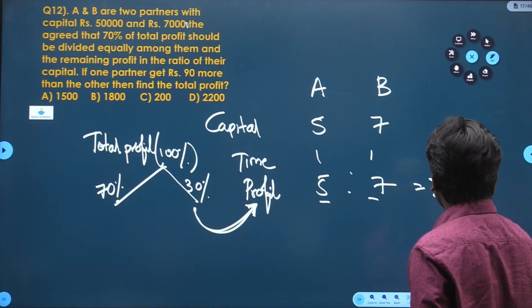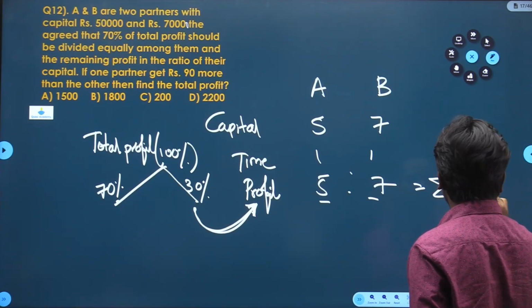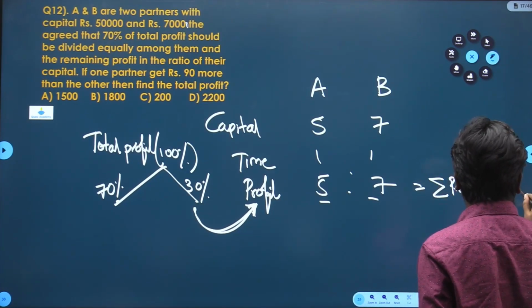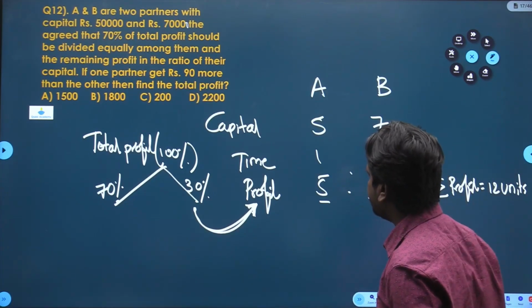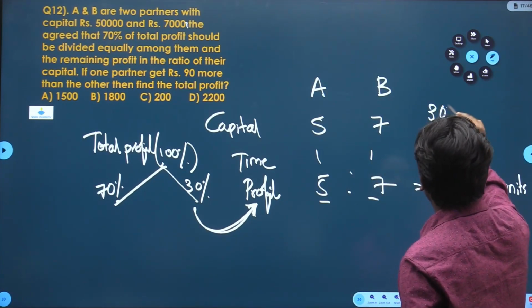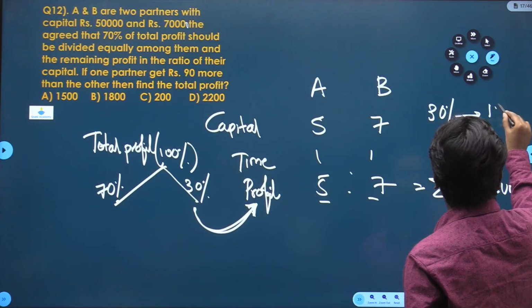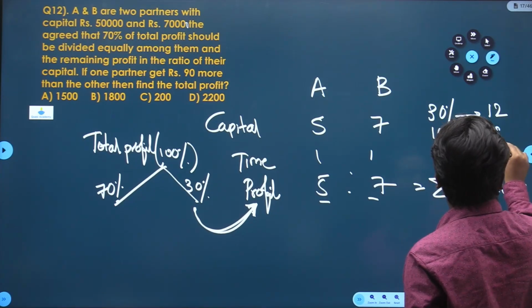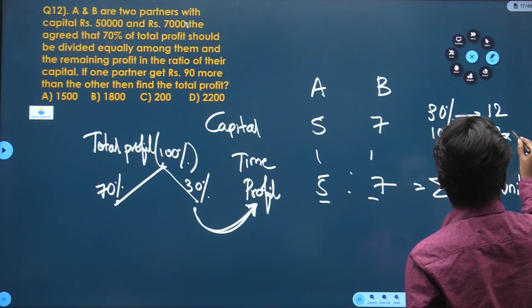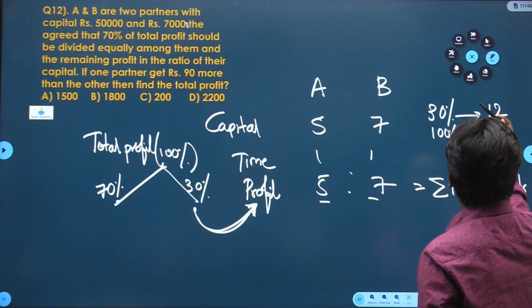The total of the ratio here is 12 units. Assume that this 30% is 12 units. So what will be the 100%? It will be 40 units.